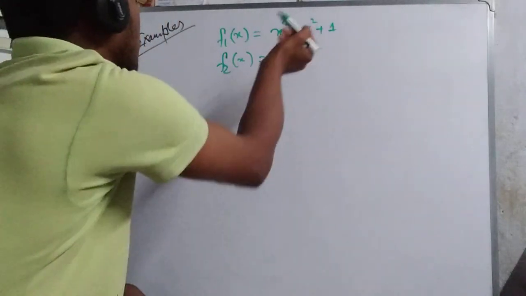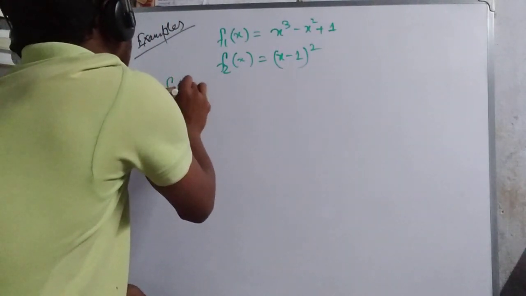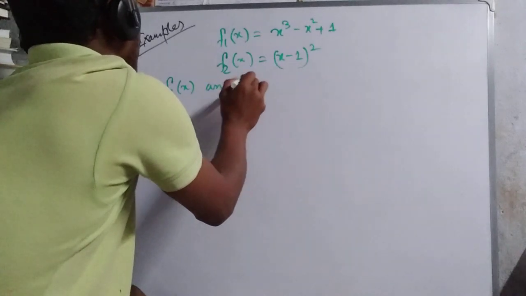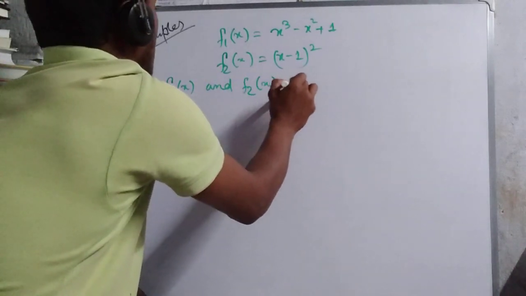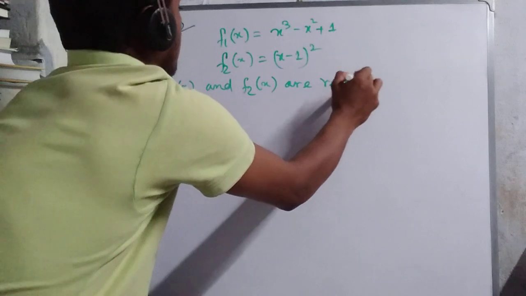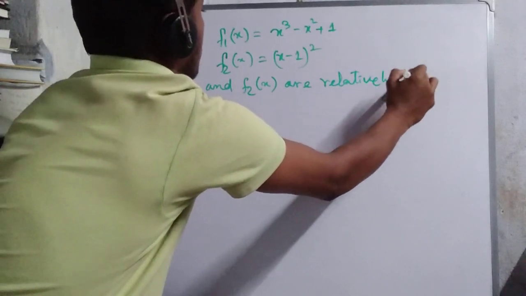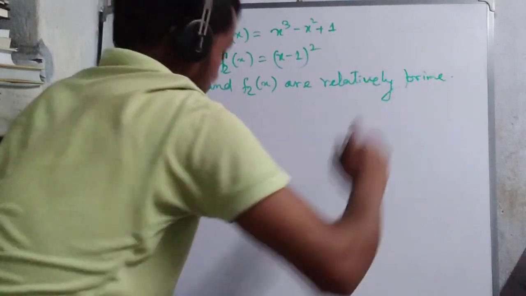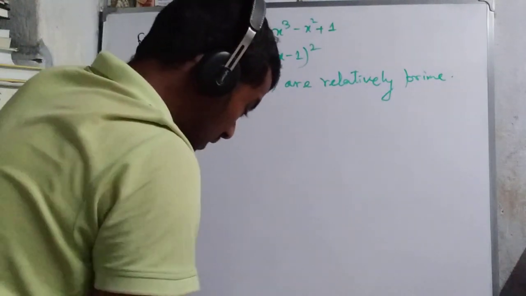Then obviously f1(x) and f2(x) are relatively prime.